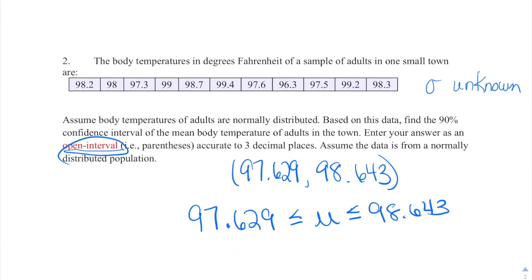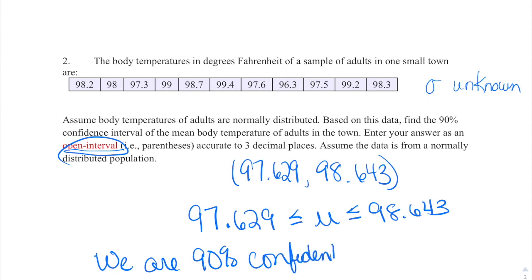So the interpretation would be with 90% confidence, or oftentimes I say we are 90% confident that, and then I go back to the problem. It says find the 90% confidence interval. And this is what I'm looking for in my interpretation.